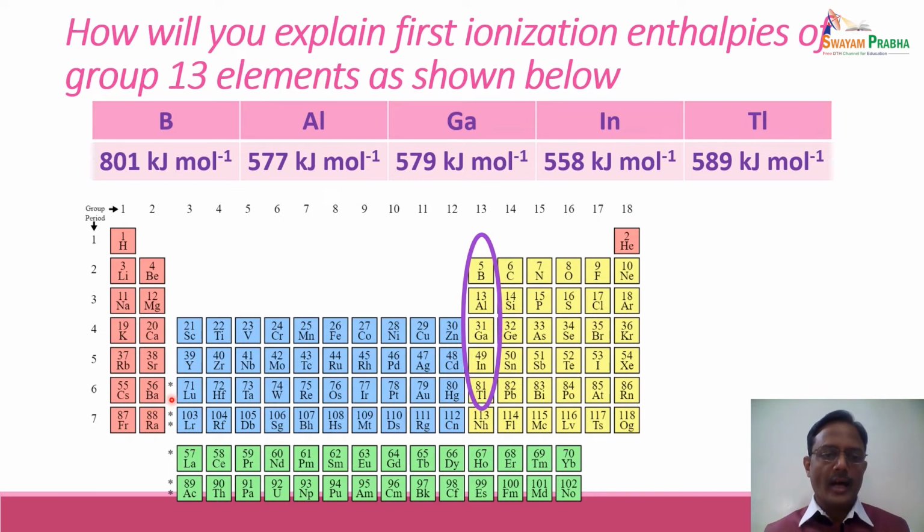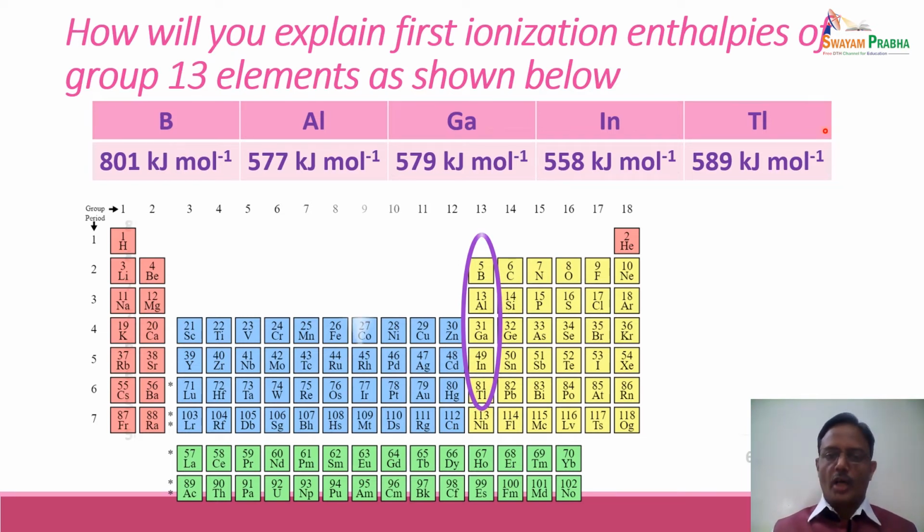Remember that this star indicates these 14 elements present in the f block, and since in these elements the intervening electrons are present in the f subshell, which is a poorly shielding subshell, or the f orbitals are further diffused, they have very low shielding effect. Hence what we see is that from indium to thallium there is an increase in first ionization enthalpy.